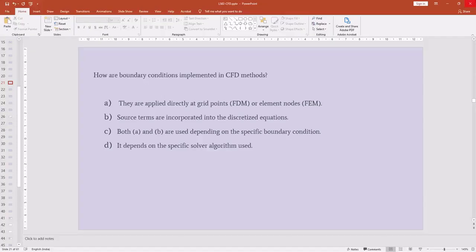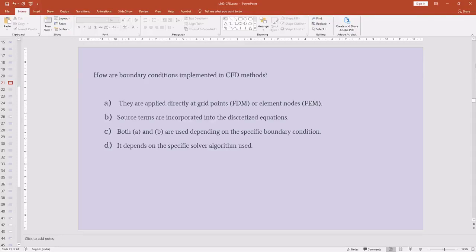Okay, moving on to the next problem. How are boundary conditions implemented in CFD methods? A, they are applied directly at grid points in the finite difference method, or element nodes in the finite element method. B, source terms are incorporated into the discretized equations.